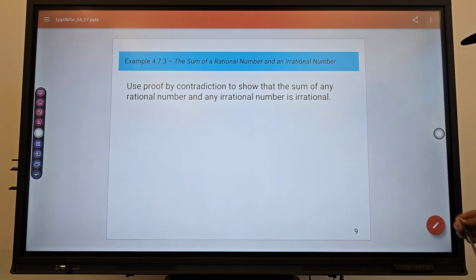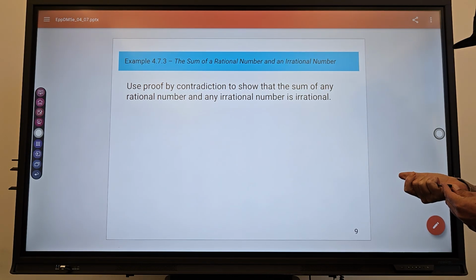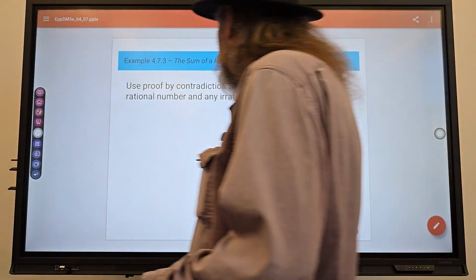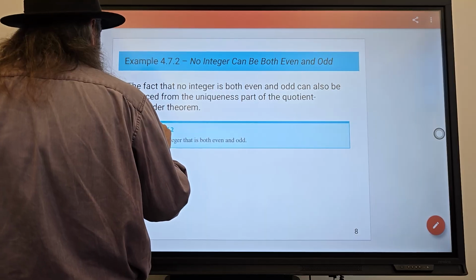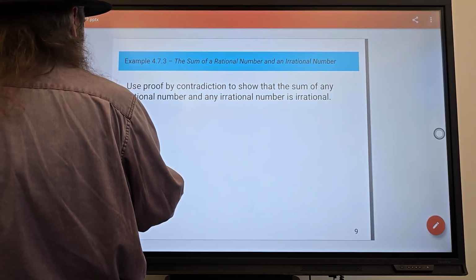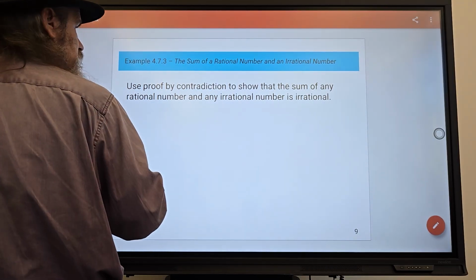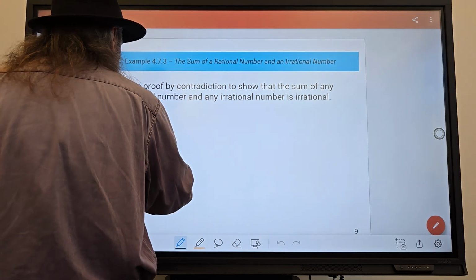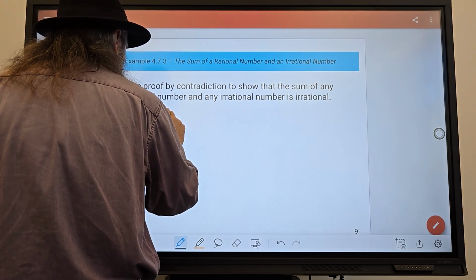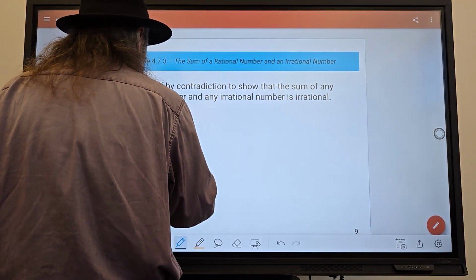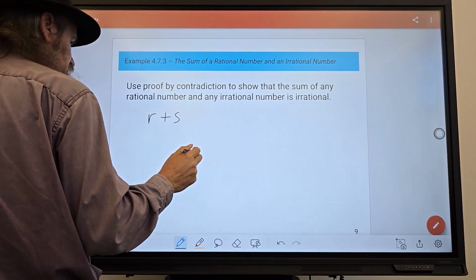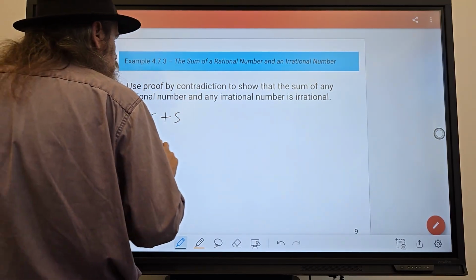Well, let's see if I can remember how they do this here. So suppose you have R and S. R plus S. R is rational and S is irrational.